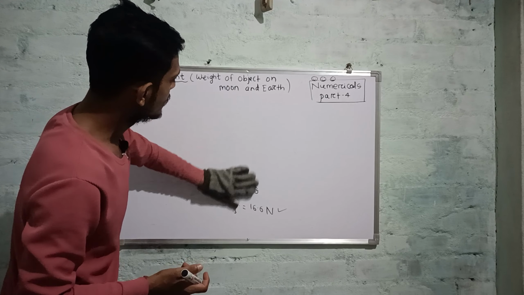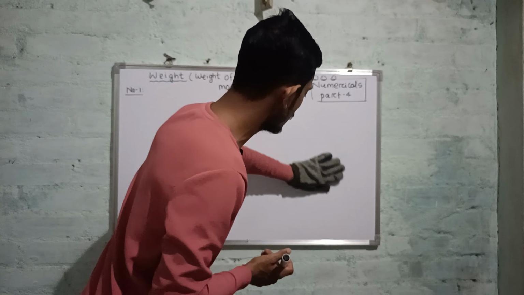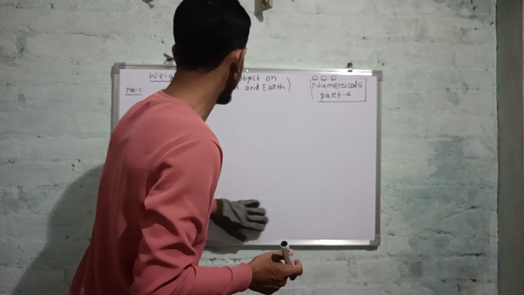Weight of an object is equal to mass multiplied by acceleration due to gravity, and Wm by We equals 1/6.